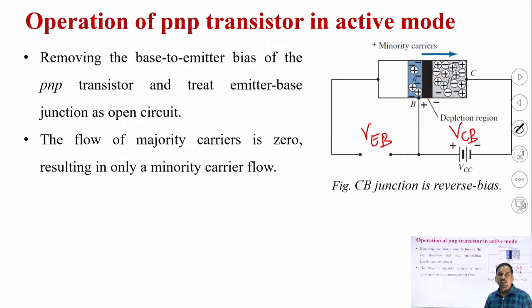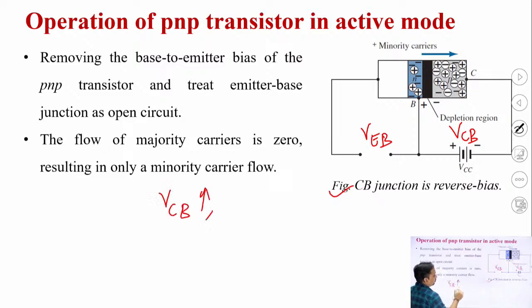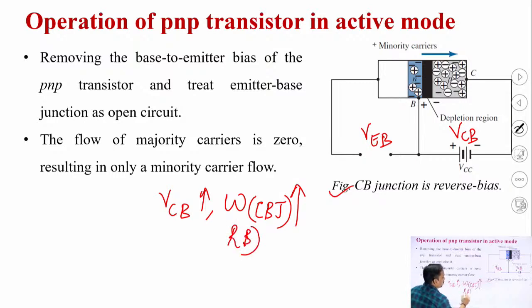While we are applying the collector to base voltage, what we can see here is that as VCB increases, the width of the collector base junction CBJ increases because it is reverse biased. As we increase the reverse bias, the width of the depletion region increases. So we can see here that the collector base junction width is high in comparison with the emitter base junction.